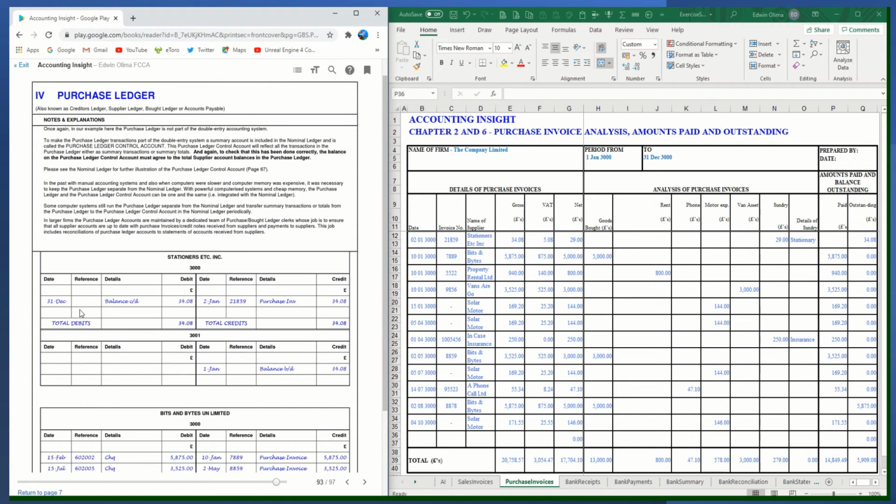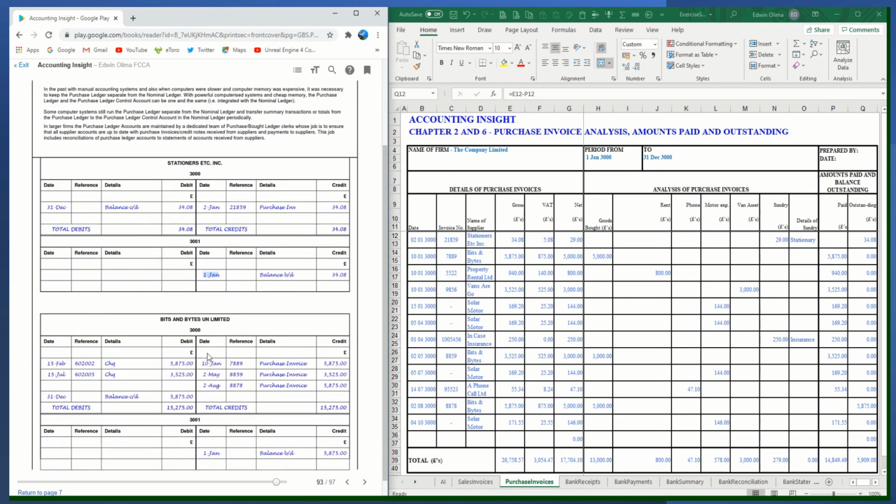So traditionally you'd close off that account and bring any balances down to the new year. The way you do it, the two sides need to be equal, and to get this side to balance, you do a carry down balance here. So it's £34.08, similar to what we got. If you look at our simple listing here, it's there.